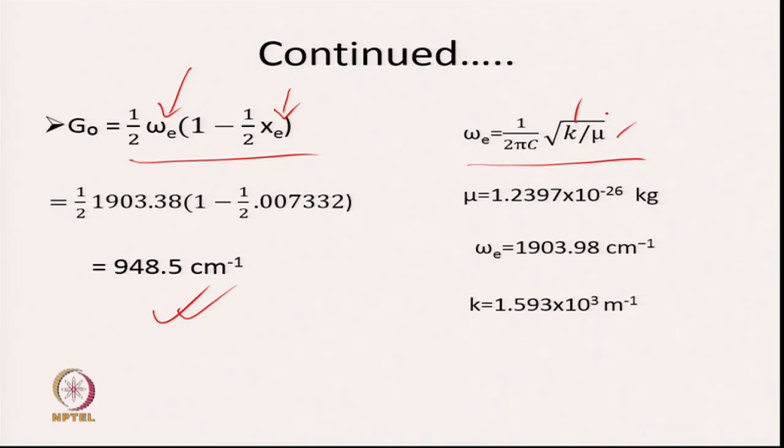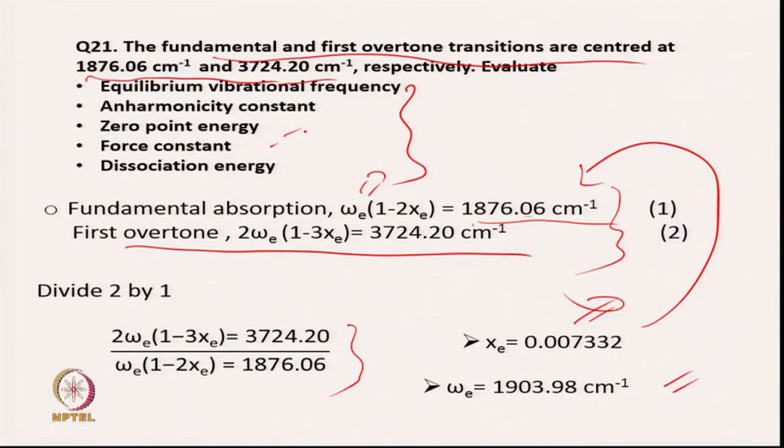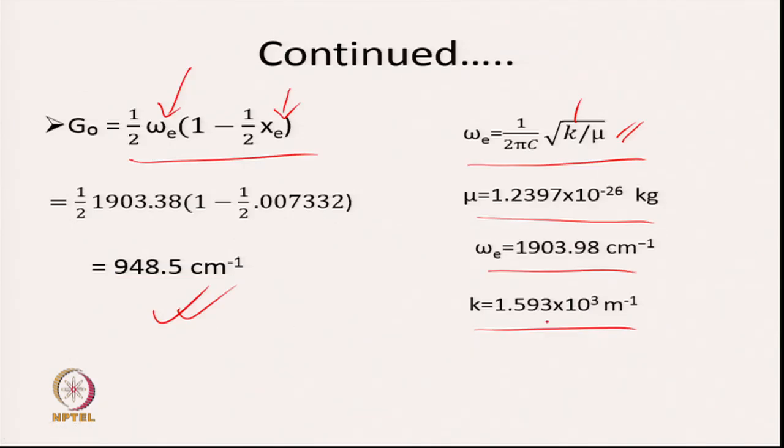Basically, you have to calculate k because reduced mu is known. So, reduced mass is basically this, and omega e we have already obtained. So, we can get the value of the force constant. If you remember the question, the fourth point is to calculate the force constant, and that is what we are calculating, and the force constant is 1.593 into 10 to the power 3 meter inverse.